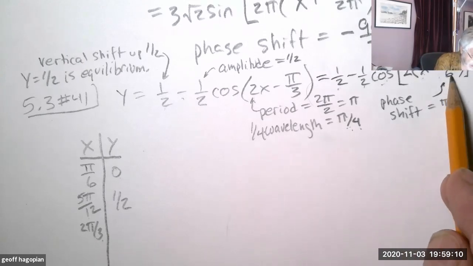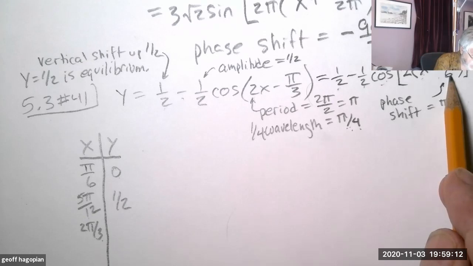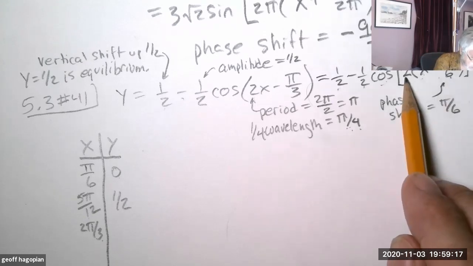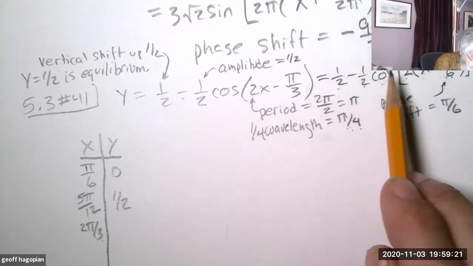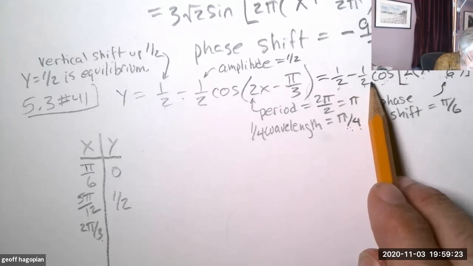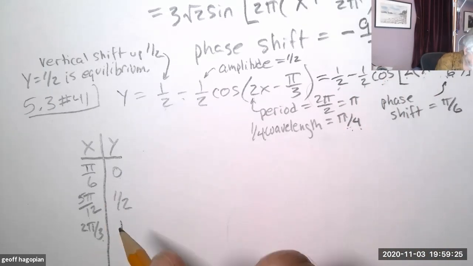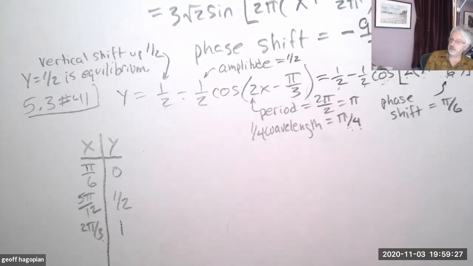Take away pi over 6, you're at 3 pi over 6, which is pi over 2. Twice pi over 2 is pi. Cosine of pi is -1. So 1/2 minus -1/2 is 1. So we're now at the peak, which is 1 amplitude above the equilibrium. The amplitude is 1/2. So 1/2 above 1/2 is 1.